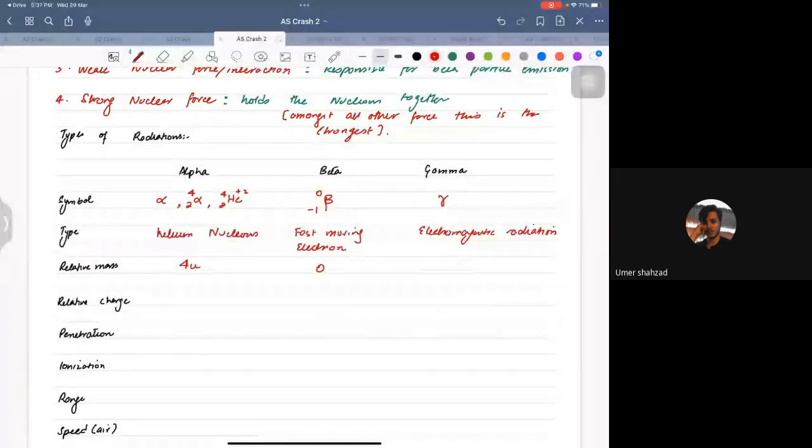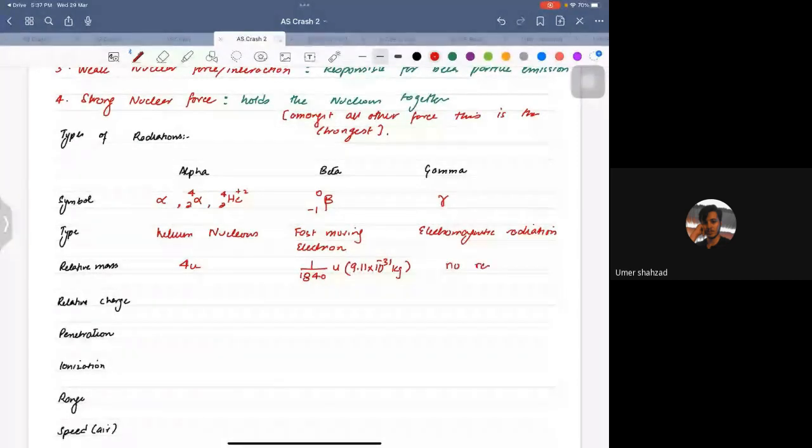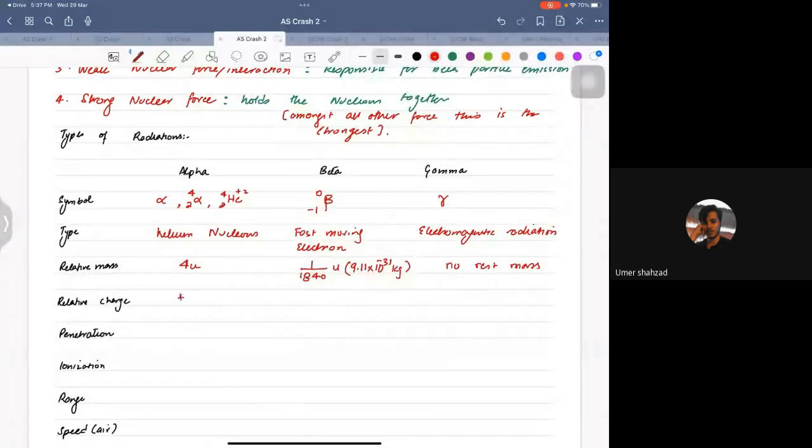Beta has almost no mass, but we take it as 1 over 1840u, which in reality is 9.11 times 10 to the minus 31 kilogram, which is also the mass of an electron. Gamma has no rest mass. Relative charge is +2e for alpha, beta has -1e, and obviously gamma has no charge as well, pure energy.